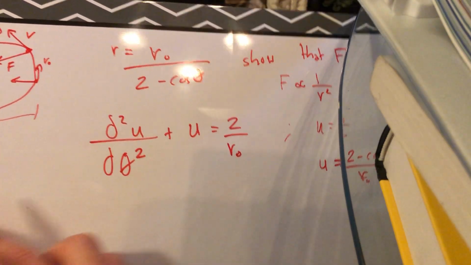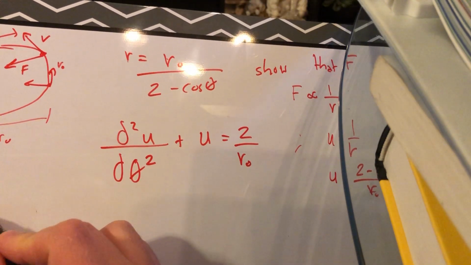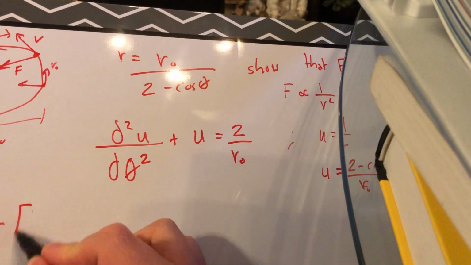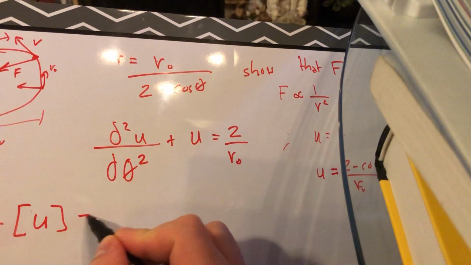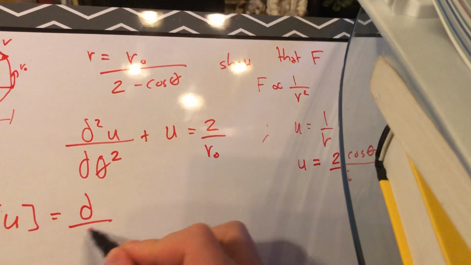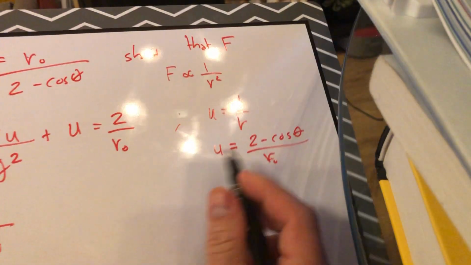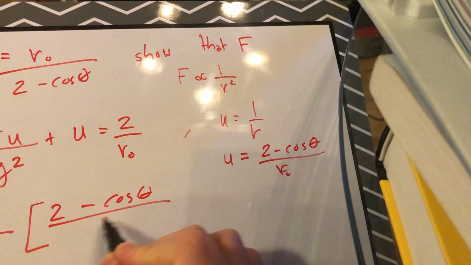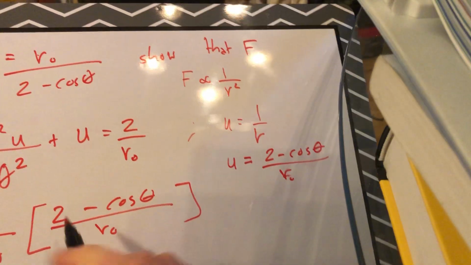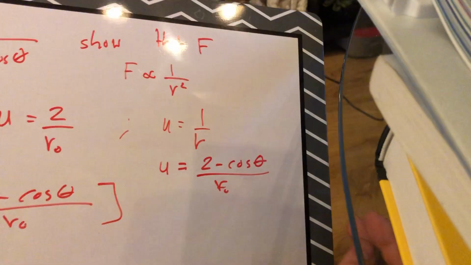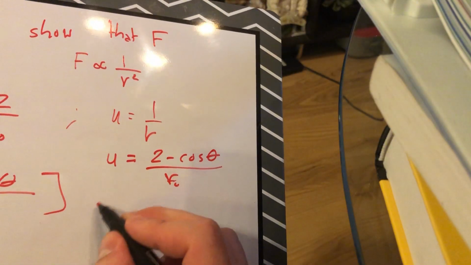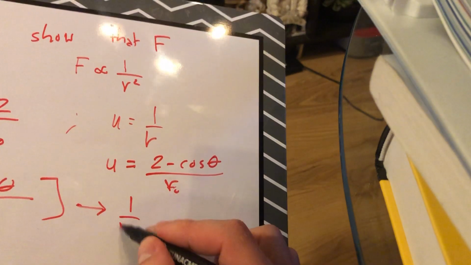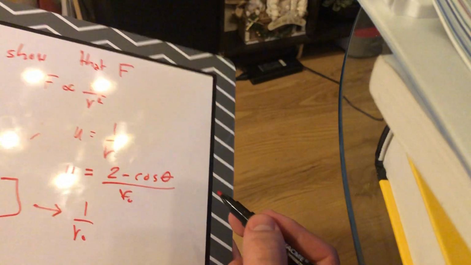It's not a partial. Maybe it's a partial. I didn't check if it was a partial. U is equal to, we're going to take the differential of this. And what that is going to do, we're going to pull out the 1 over r naught. So that is a partial.